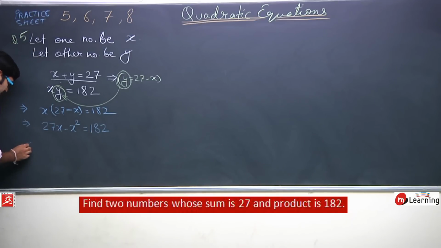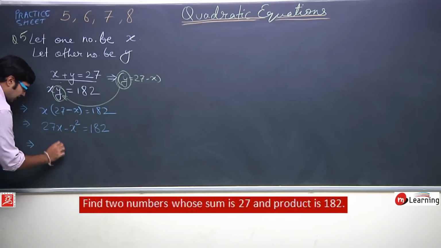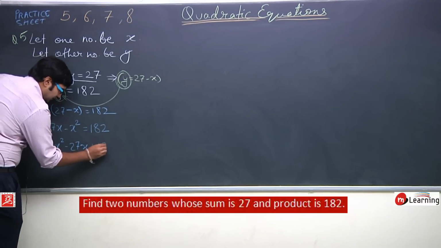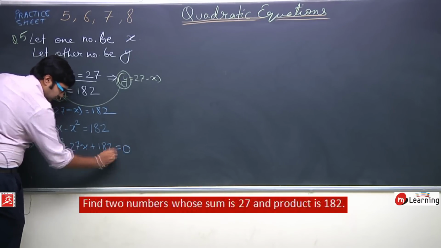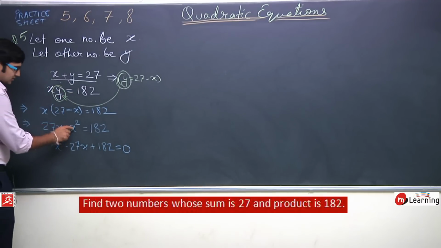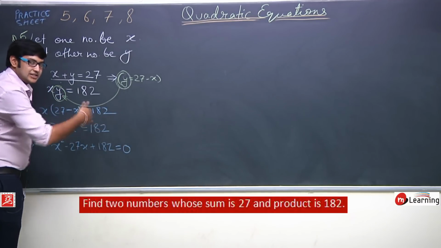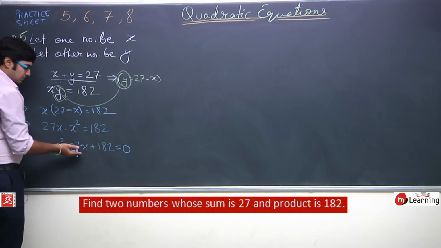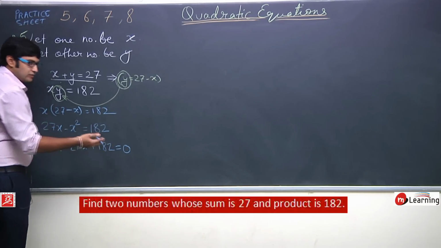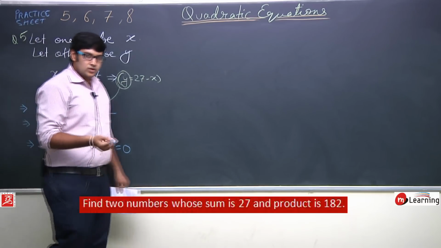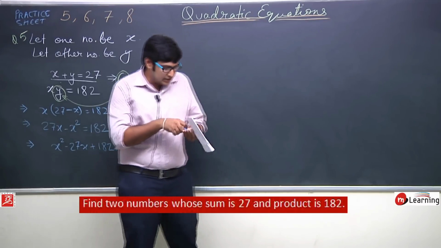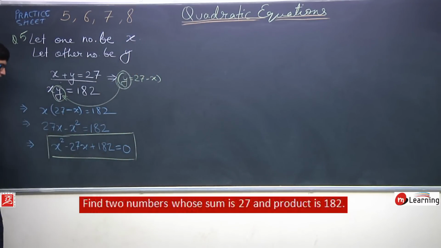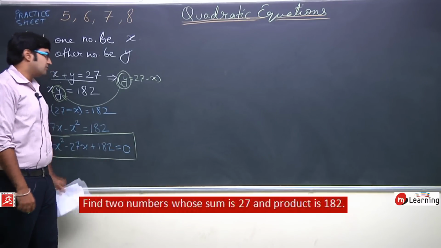So further simplifying this, I can write it as x square minus 27x plus 182 is equal to 0. Okay, so 27x और minus x square को उधर ले जाते हैं, that is RHS में लेके जाते हैं. So this will become x square minus 27x and 182 will remain as it is. So we have one quadratic equation: x square minus 27x plus 182.